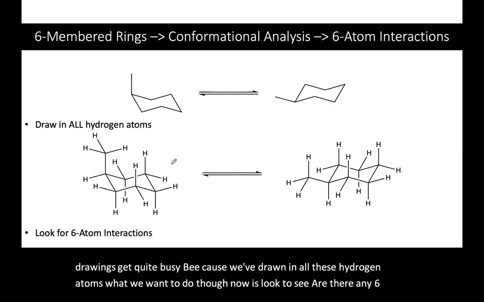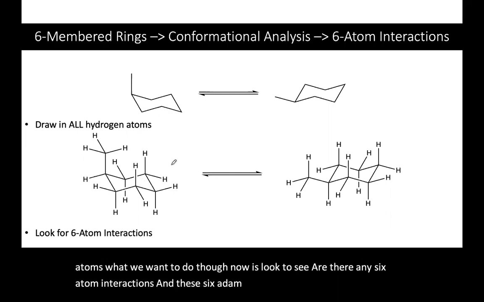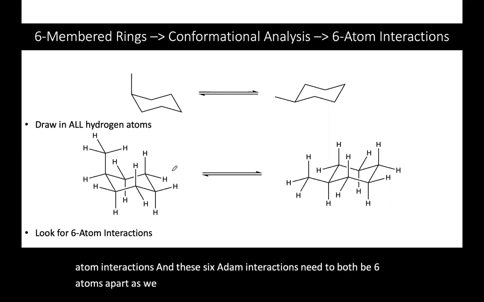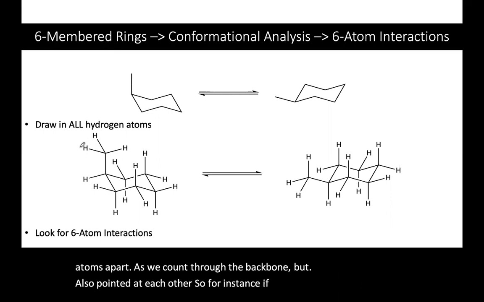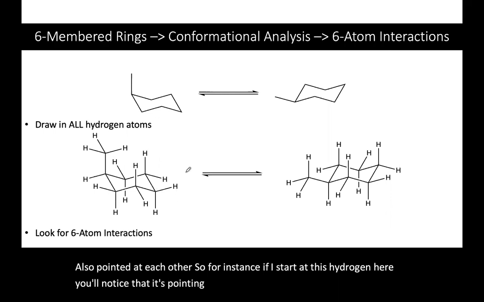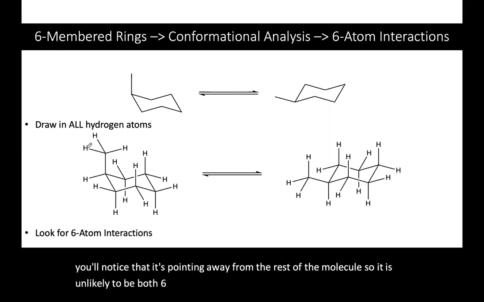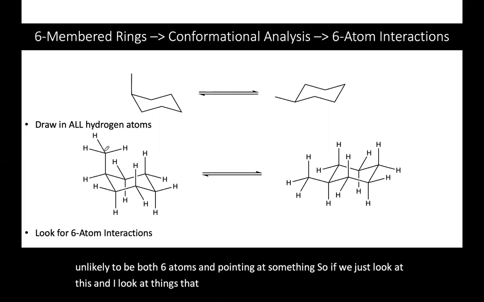These six-atom interactions need to both be six atoms apart as we count through the backbone, but also pointed at each other. So for instance, if I start at this hydrogen here, you'll notice that it's pointing away from the rest of the molecule. So it is unlikely to be both six atoms away and pointing at something. If I look at things that are near it in space, I can go 1, 2, 3.